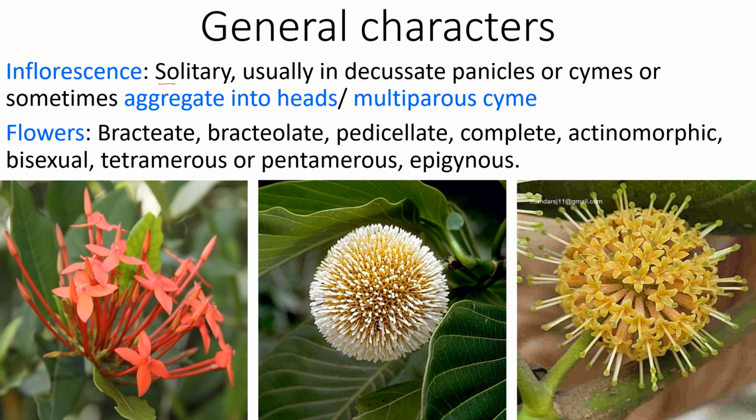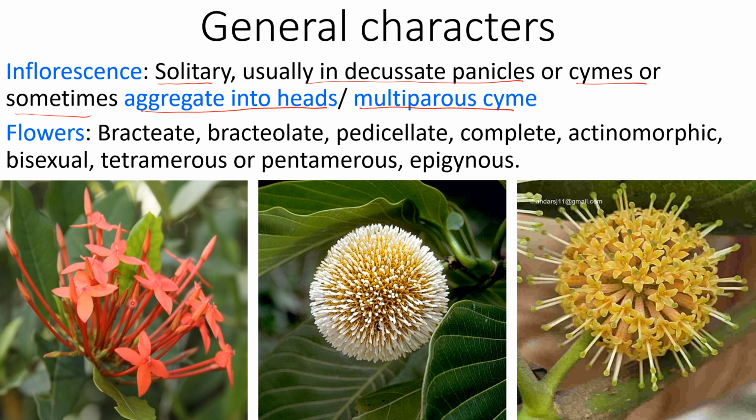Inflorescence is either solitary or usually in decussate panicles or cymes or sometimes aggregate into heads. Here in this picture, you can see the inflorescence is aggregated into heads. Even in this picture, you can see that it is aggregated into heads and it is even a multiparous cyme.